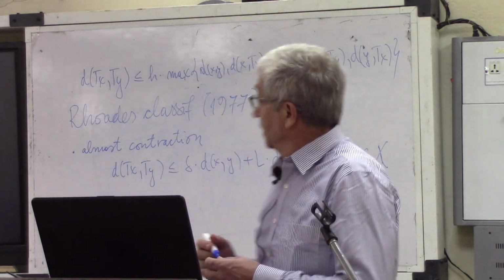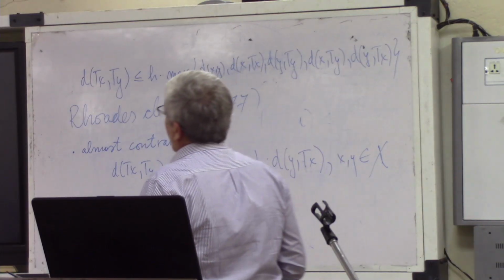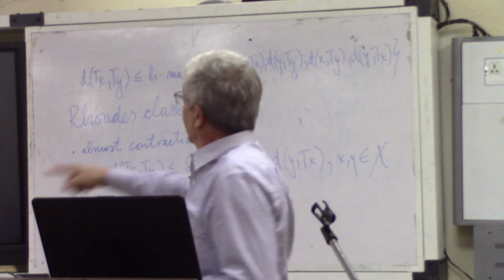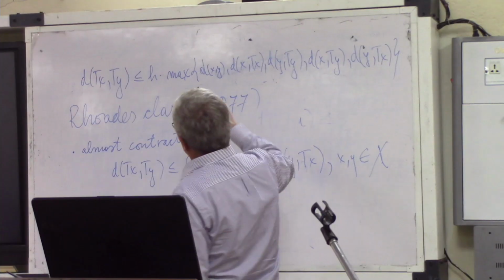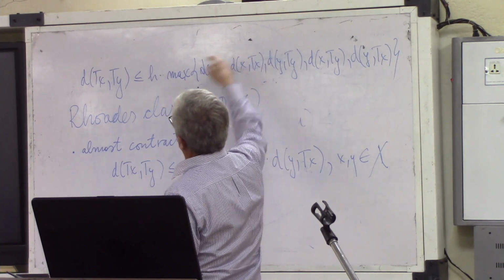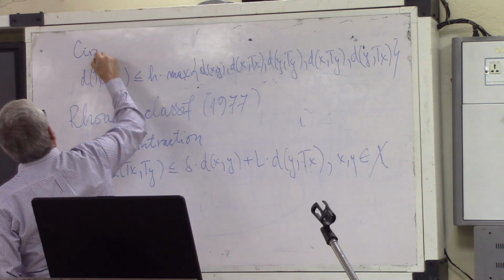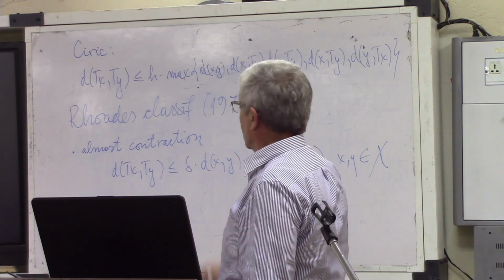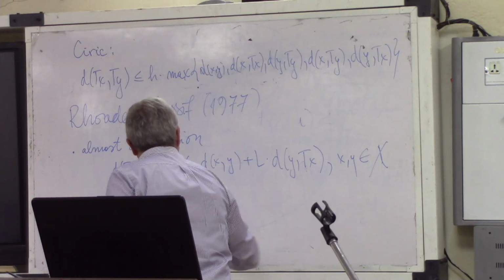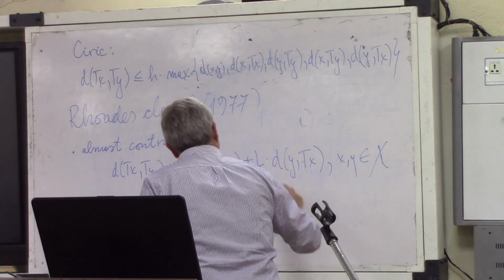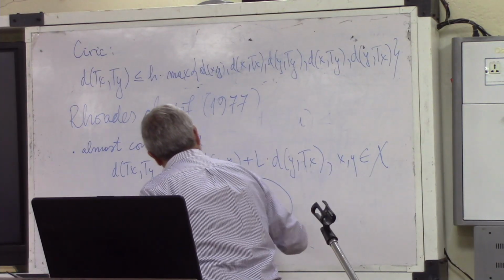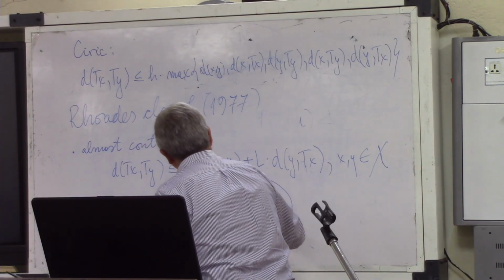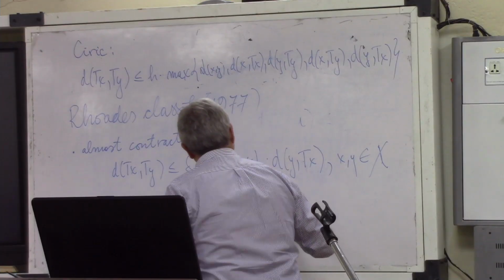Of course, it was interesting to compare. I succeeded to find examples, and in this book I indicated there are examples to show that there are almost contractions which are not Ćirić, and there are Ćirić which are not almost contractions. That means there are mappings which are in both classes. So we are here: almost contraction, Ćirić contraction, and we have this situation.